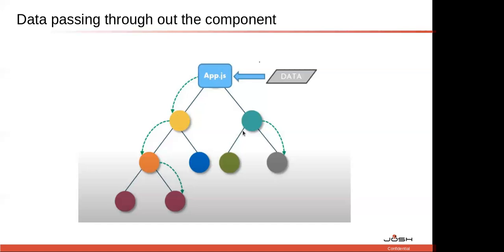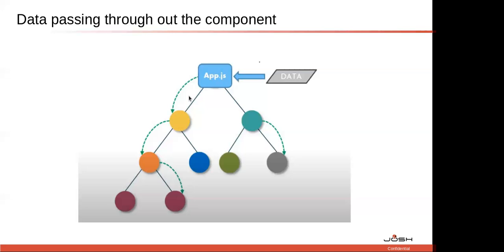But if you want to update something from the blue component and use that data in the app component, which is the parent, there is a problem. In React, data flow is unidirectional. We can only pass props from parent to child, not from child to parent.